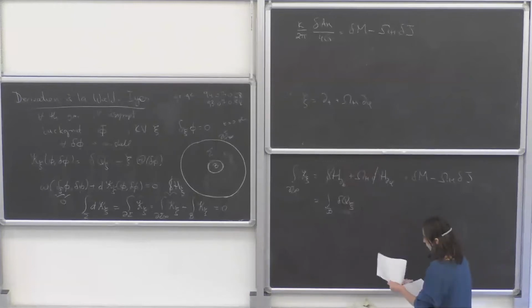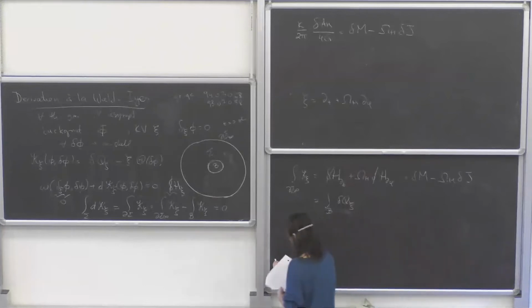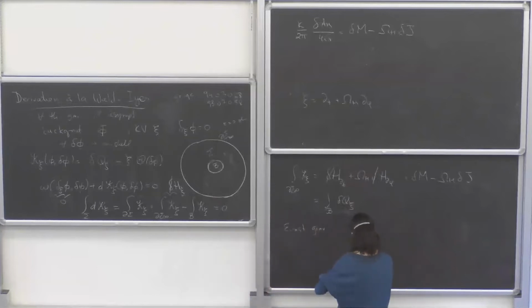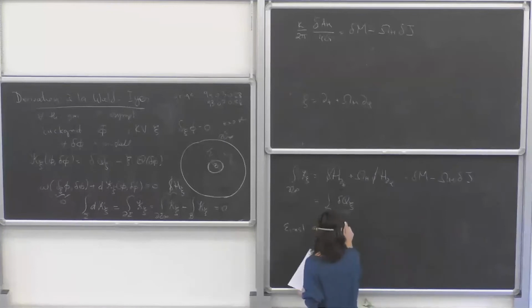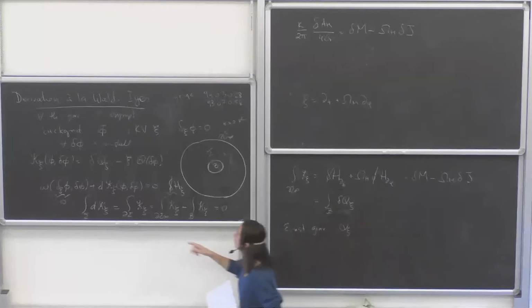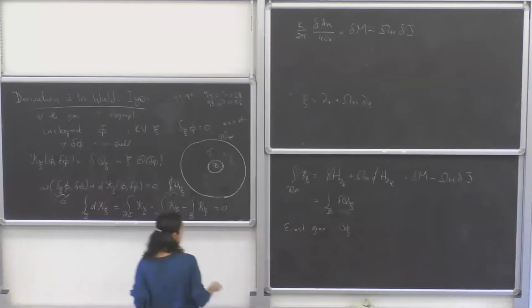Well, we basically have to evaluate it. So let's try to evaluate it in Einstein gravity, where we know what we're doing. The Q_C that enters over here, we actually computed it.